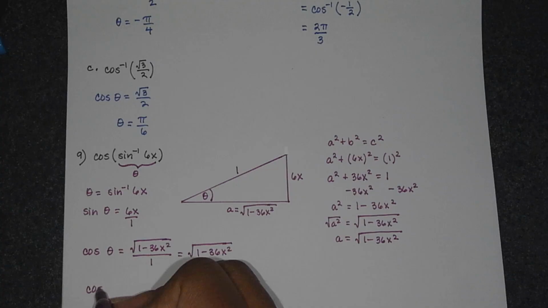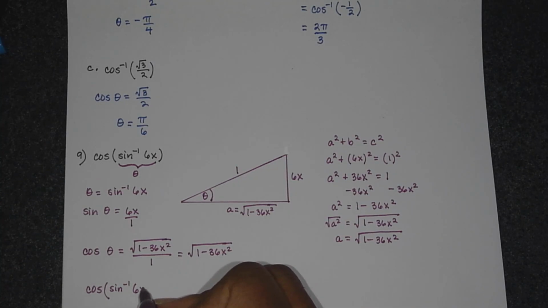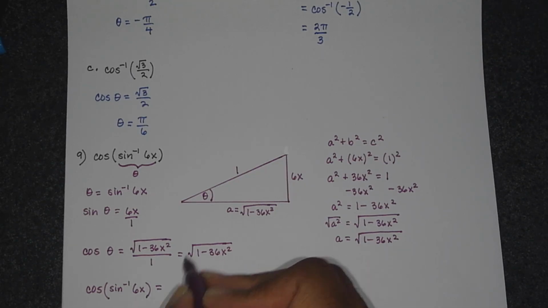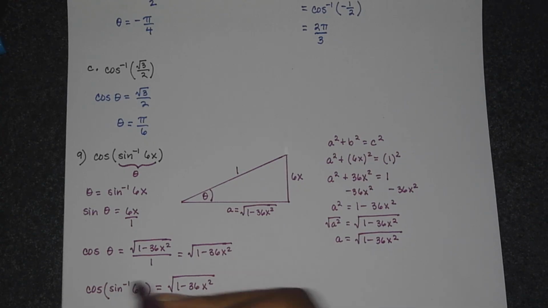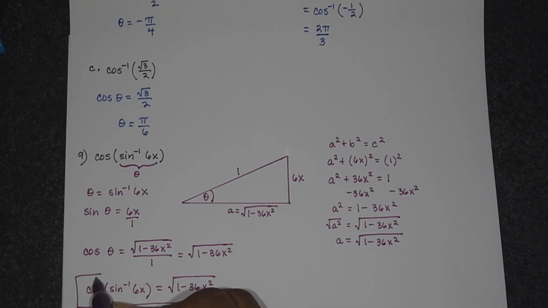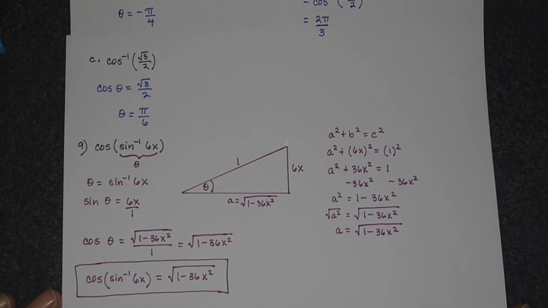Which means that the cosine, and I'll replace the theta with the inverse sine of 6x, because that's what it was equal to, would be equal to this answer right here, the square root of 1 minus 36x squared. Okay. Are there any questions about problem number 9?